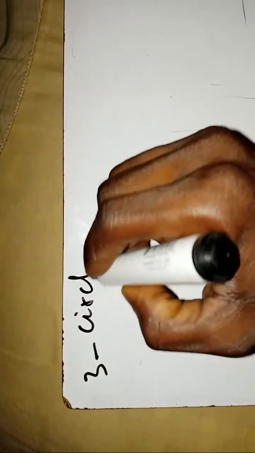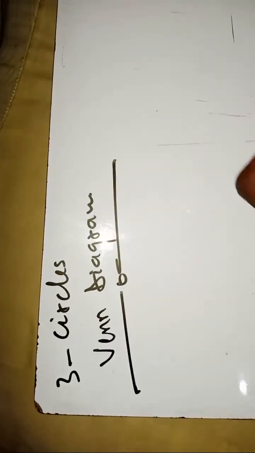So the problem that we are dealing with today is a three-set problem, maybe some people call it three circles, maybe Venn diagram, right? So we all understand what a three set means: we are dealing with three different rooms, or maybe I prefer to call it an apartment.